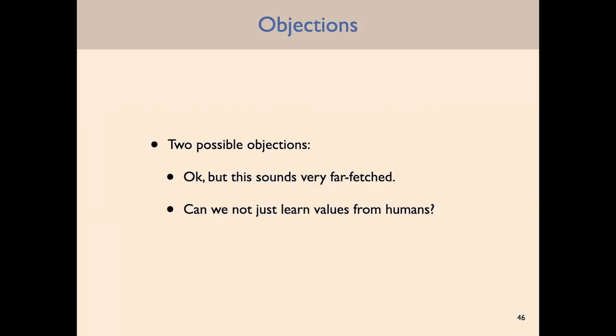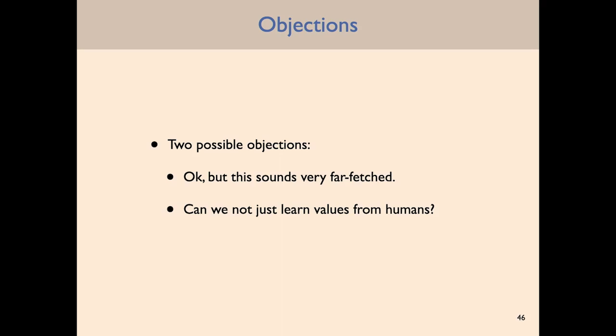There might be some possible objections or counterarguments to this paperclip maximization thought experiment. One, which I think some of you mentioned, is that it sounds somewhat far-fetched. We're pretty far away from robots having enough capabilities to really need to worry about this.